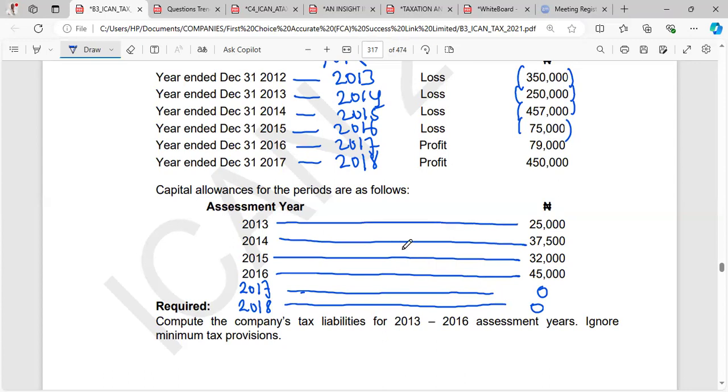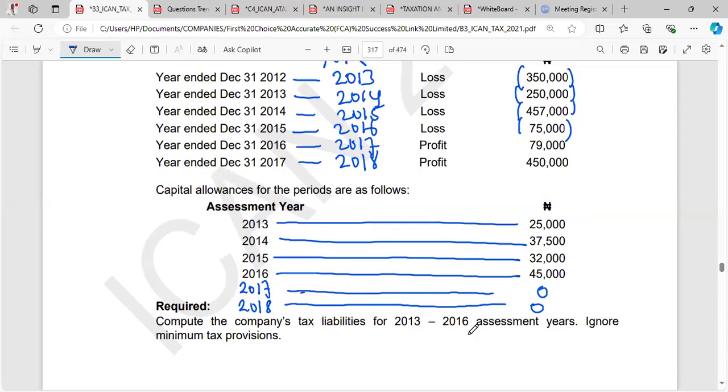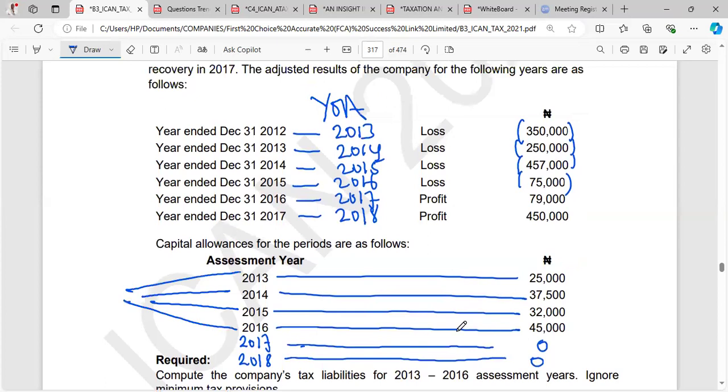So these are the things you are going to do. You are asked to look for the assessable profit for 2013 to 2016. Ignore minimum assessment. So it means that you are going to concentrate your effort from here to here, on 2013 to 2016.